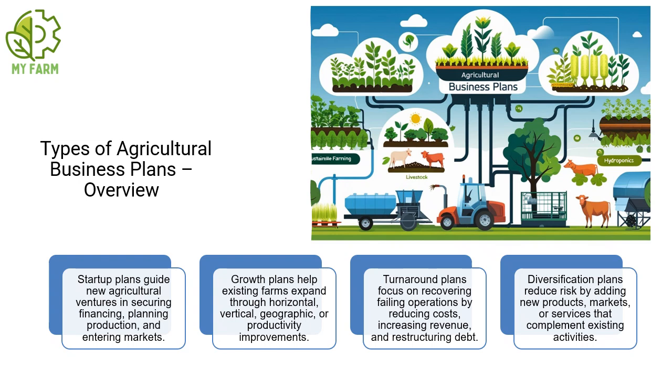Finally, the diversification plan is used when a farm wants to reduce risk and explore new income sources. This may include adding new crops, livestock, value-added products, agritourism, or renewable energy projects. Together, these four types of business plans help agricultural operations adapt, grow, and remain sustainable in a changing environment.